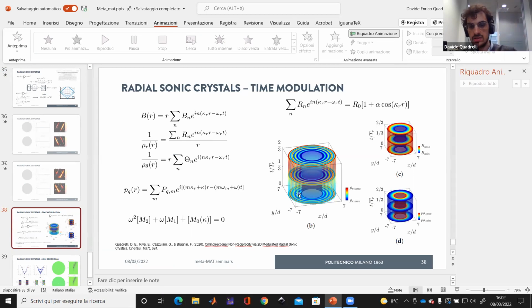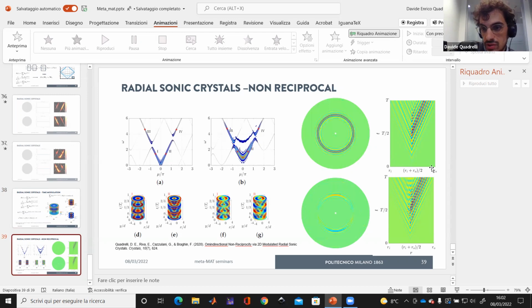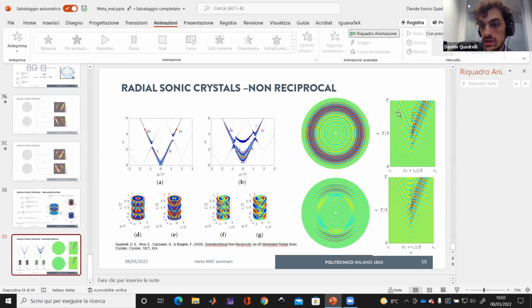And this is not periodic, but is modulated in space. But this is also periodic in time. So you see a slope in this space-time diagram. And then, of course, this time variation induces these band gaps to open that are directional. And you get this behavior. For example, you see radius and time, and exciting in the middle, you have waves that go mostly outside with respect to inside.